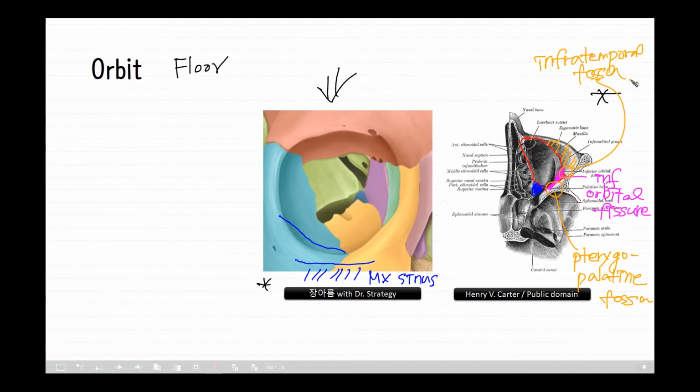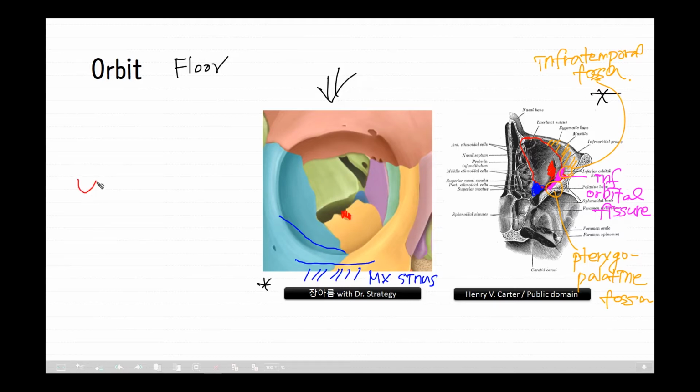The medial lip is notched by the infraorbital groove. This is the infraorbital groove, and this is the infraorbital groove. The groove passes forward and sinks into the floor to become the infraorbital canal.